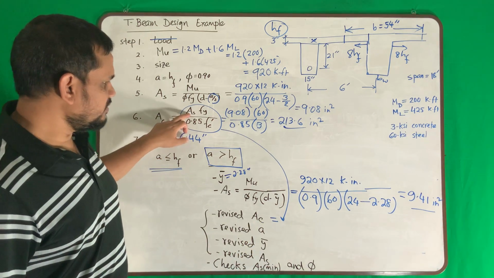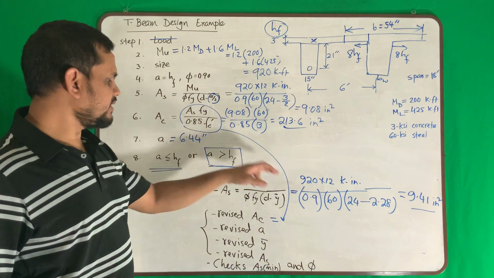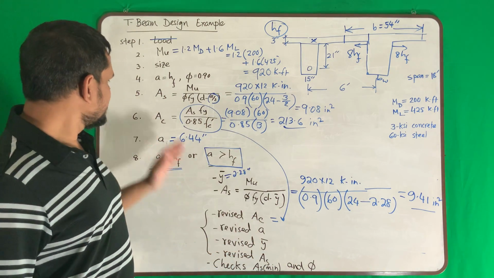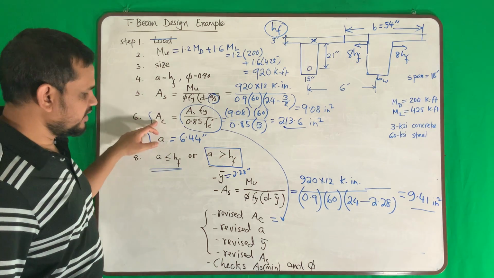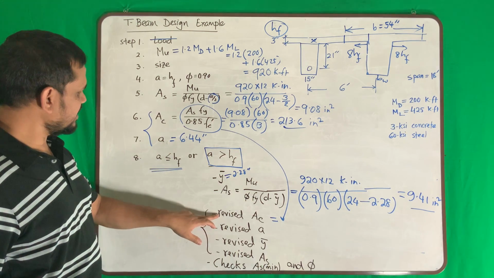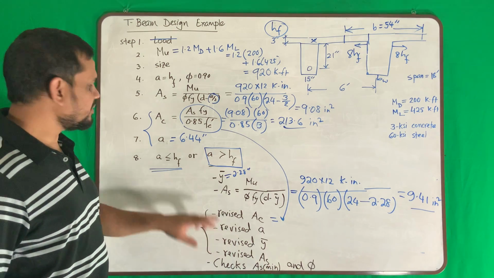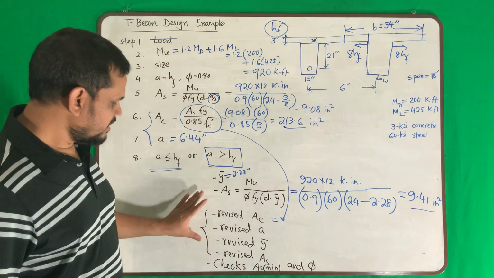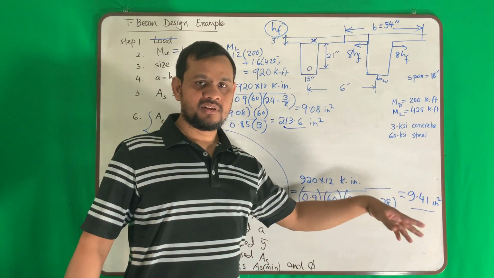We will use this equation, bring it here, and find our revised Ac. In that equation, we will use this reinforcement, so As will be that. Then we can calculate. That means simply we will repeat these two steps here. Revise Ac, revised a. Then we will find our revised Y bar, whatever we did here. So this portion we can do if we want to fine tune it.